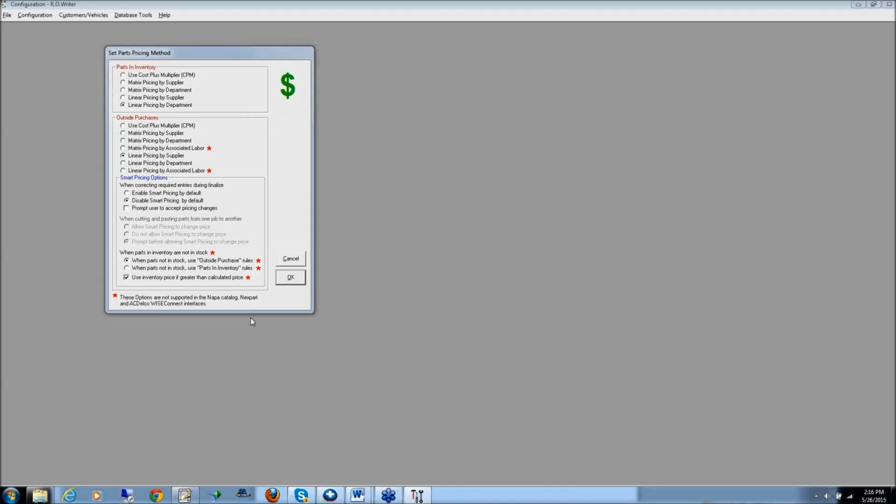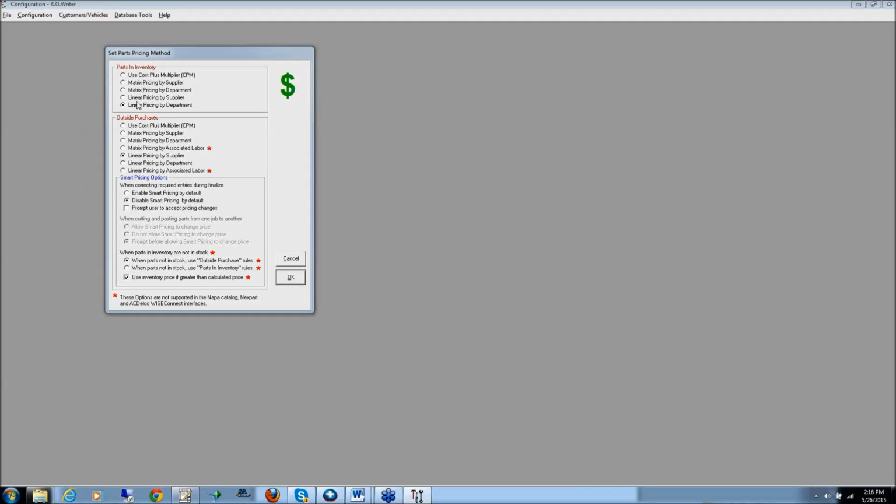So what we came up with to address that is a concept that we call linear pricing. In here we've got cost plus multiplier, matrix pricing, 2 options, either supplier or department, and linear pricing, again, 2 options, either supplier and or department. We'll get back to the difference between supplier and department in just a moment.